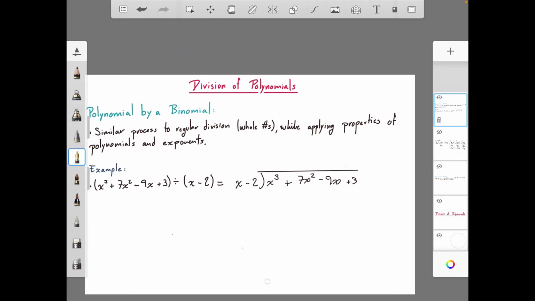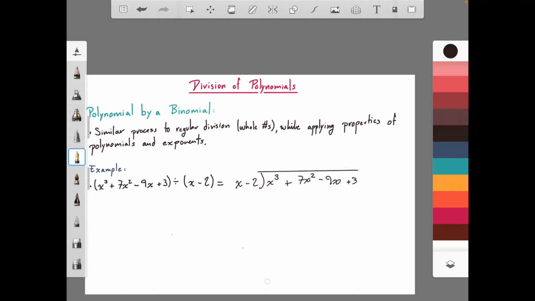So what we are going to think about now is what would I want to multiply this by so it becomes this? So x times what is equal to x to the third power. Based on the first rule that we saw about exponents, we know that x squared times x is going to be equal to x to the third power.